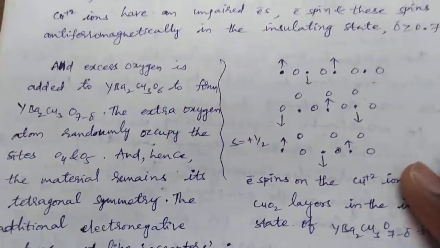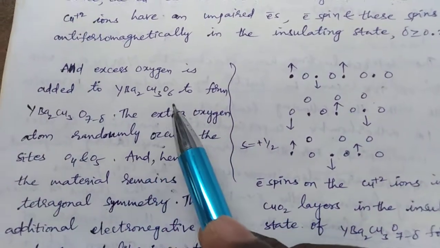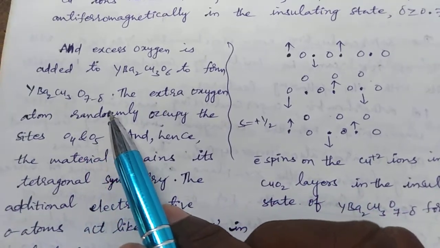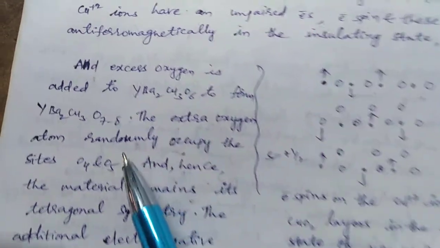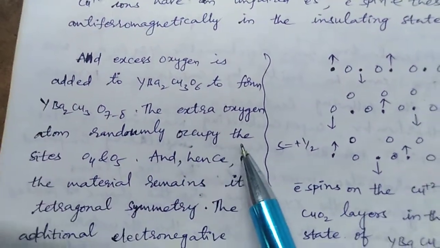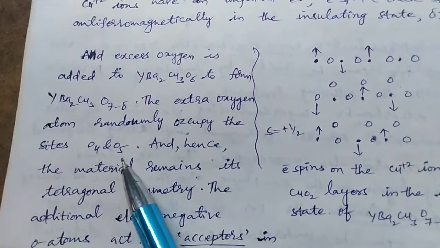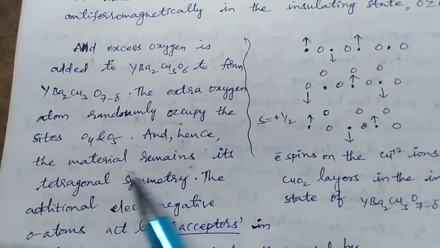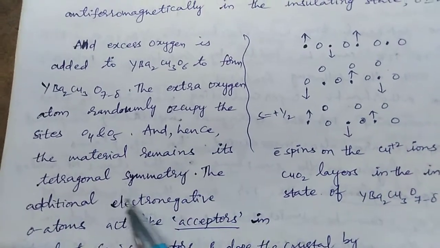Excess oxygens are added to YBa2Cu3O6 to form YBa2Cu3O7-δ. The extra oxygen atoms randomly occupy the sites O4 and O5, and hence the material retains its tetragonal symmetry.